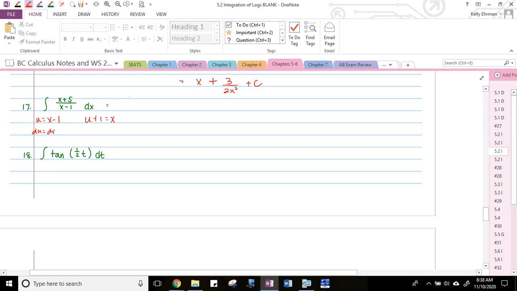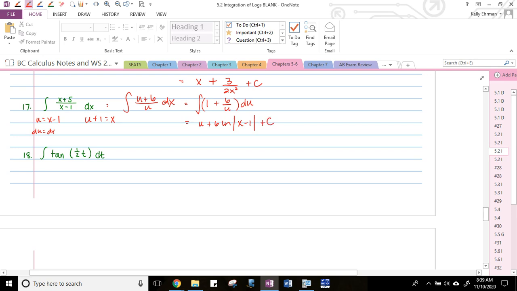And then you can say, all right, this is the integral of u plus 1 plus 5, u plus 6 over u. And that is equal to the integral of 1 plus 6 over u du. And that is equal to u plus 6 natural log of the absolute value of x minus 1 plus c.